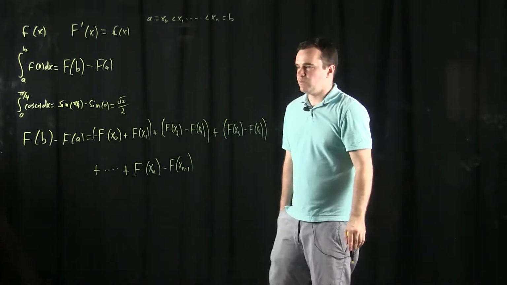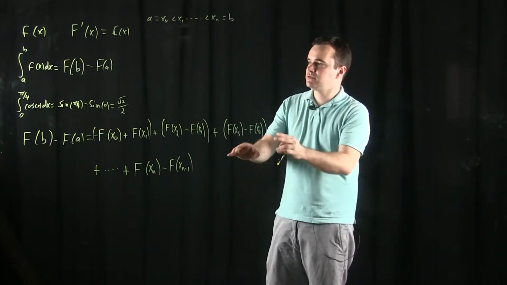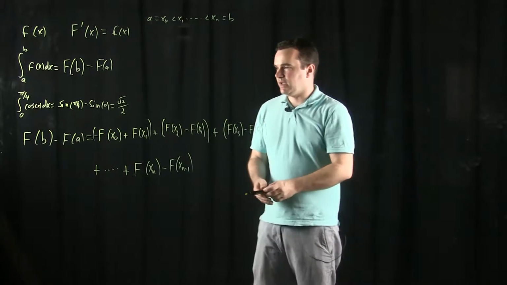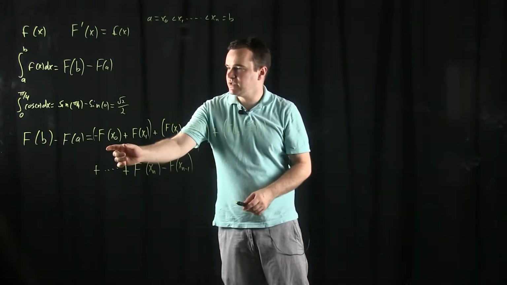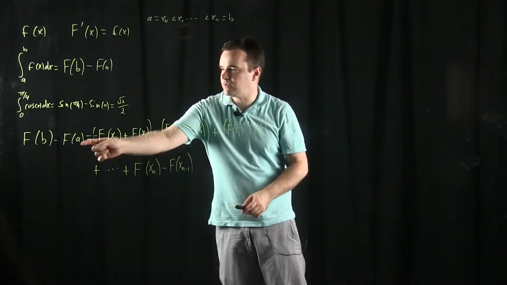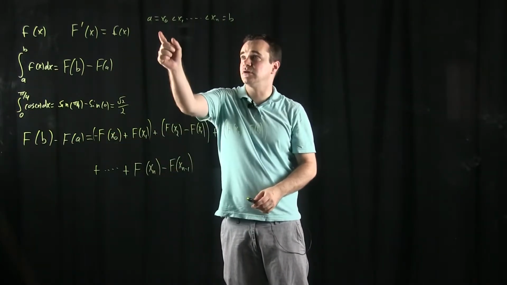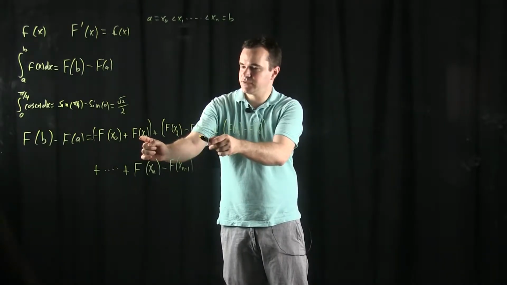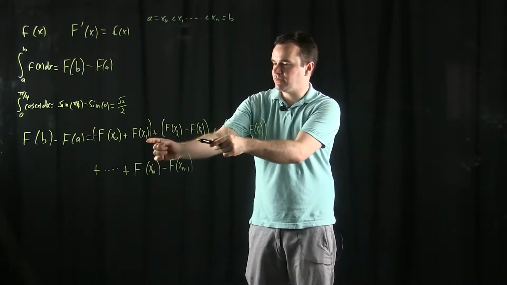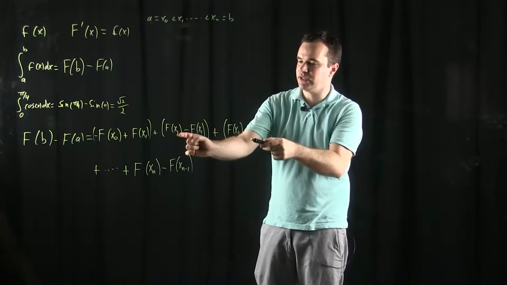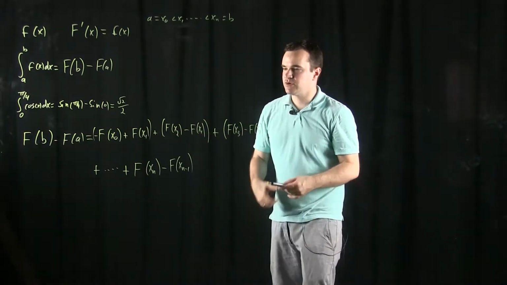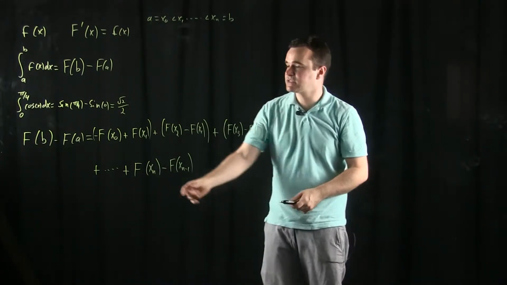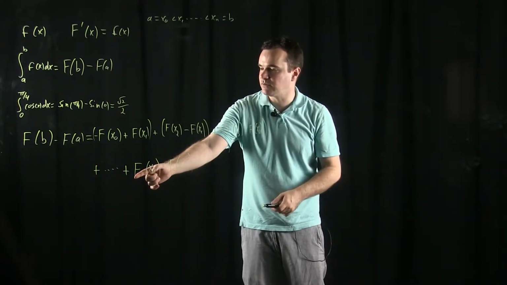The first thing I want to say to you is that these two sides really are equal. Why is that? Because I'm starting here with minus F of a, which is right there. Remember, x0 is equal to a. Then I've got F of x1, but that's going to cancel with the negative F of x1 over here. And then I've got F of x2, but that's going to cancel with the negative F of x2. So everything's going to cancel with the corresponding term, except for F of xn, because that's where I start.